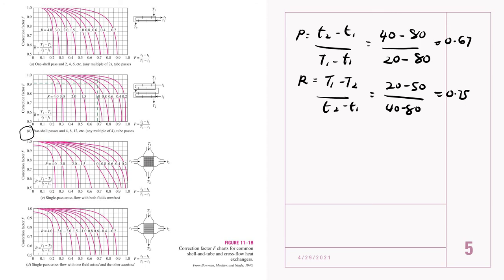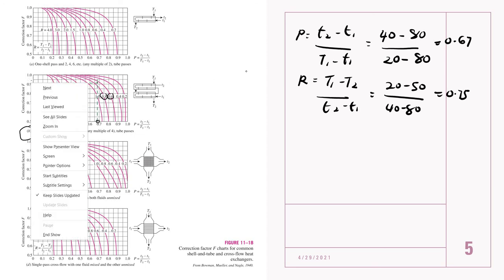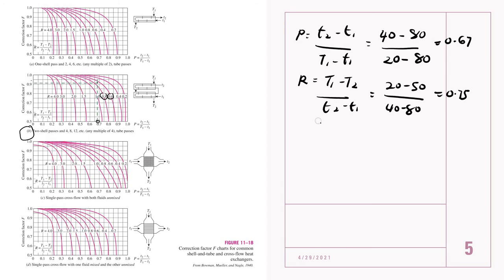For P, you have 0.67 around here, the gray line, and we have R around 0.75. So 0.75 is in between 0.8 and 0.6. Here you can get the correction factor, so F is 0.91.